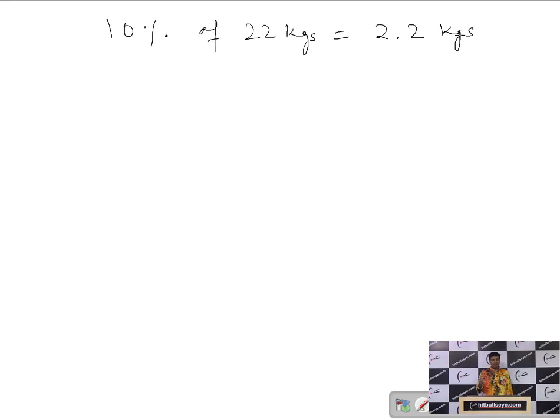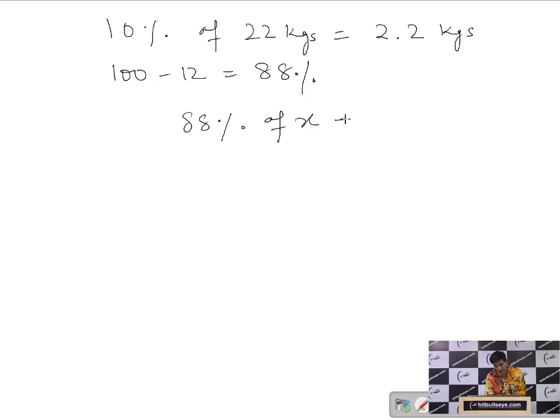Now this 10%, now after drying up, water remains 12%, or the solid part becomes 100 minus 12, that is 88%. So here we come to a conclusion that 88% of something is equal to 2.2 kgs.